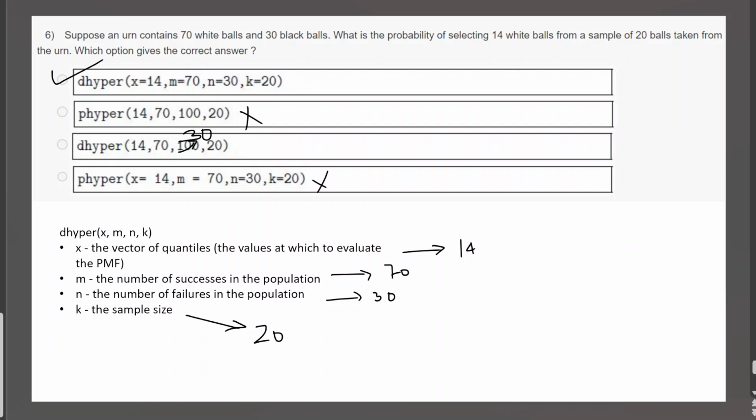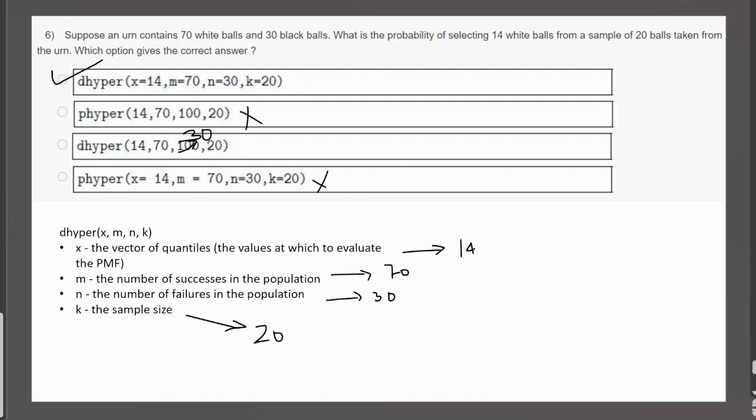So first we should know the syntax for the hypergeometric distribution. dhyper is given by x, the vector of quantiles, the value at which to evaluate the PMF. Here the probability of selecting 14 white balls is the x, and m is the number of successes in the population. So the number of successes is 70 out of 100.